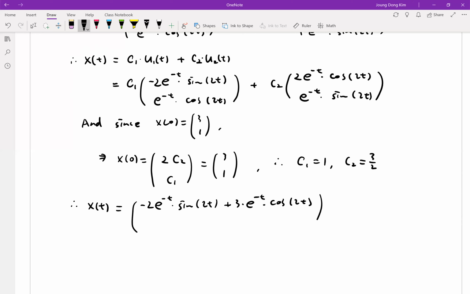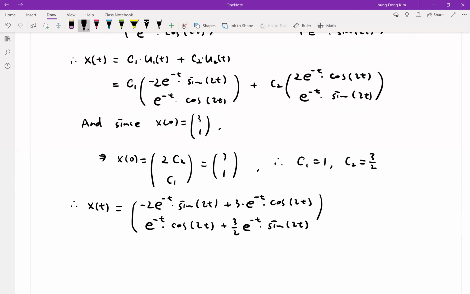And the second row is e to the minus t cosine 2t, and your c2 is 3 over 2 e to the minus t sine 2t. Let me double check that.